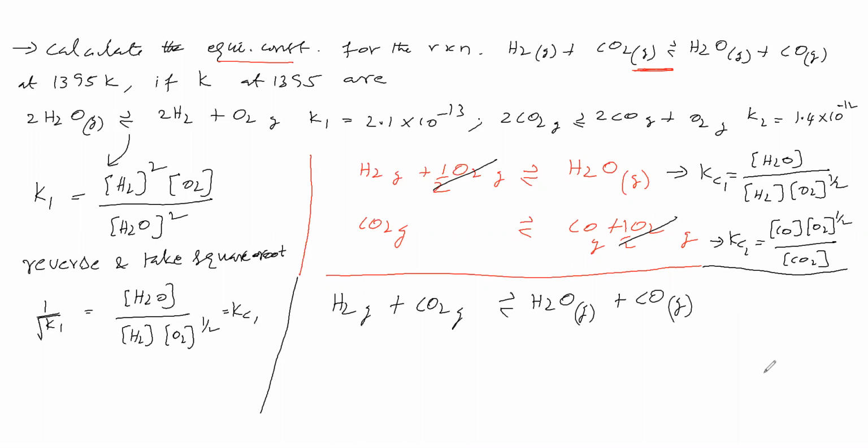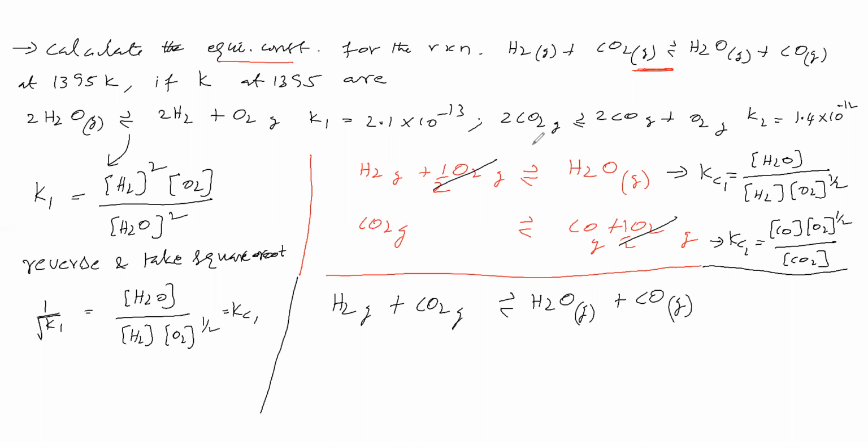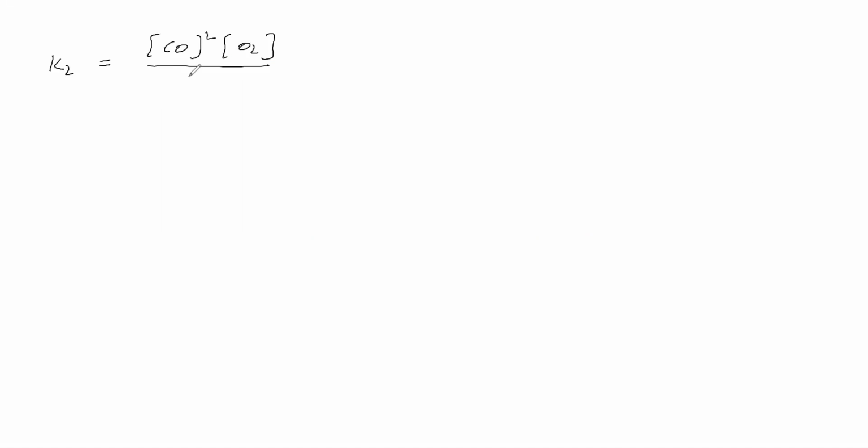Okay, first we will write for this K2. So K2 is equal to what in the sense? K2 is equal to, right side we will write in the numerator. Right side is what? CO power 2, O2 power 1. Now left side we'll see. Left side what is there? 2 times CO2 is there. So CO2 power 2.